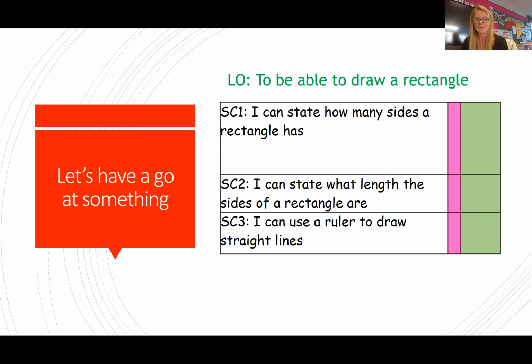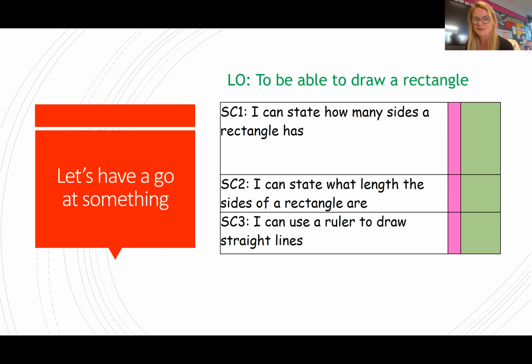Not going to give you the answer. Next one, I need to state what length the sides of a rectangle are. So I wonder if you know how long the different sides of a rectangle need to be. And the last one, I can use a ruler to draw straight lines.